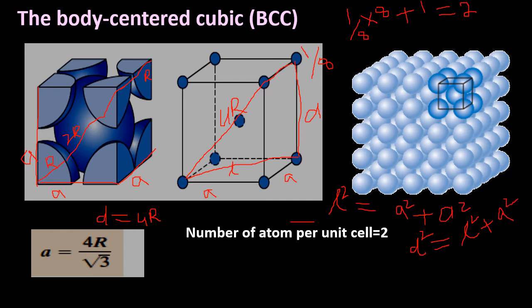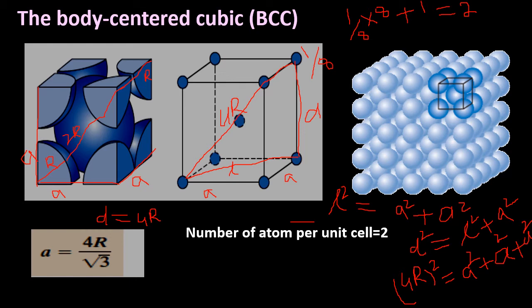So D square, which is 4R square, is equal to L square plus A square. Putting the value of L square, A square plus A square, plus A square, so 4R square is equal to 3A square.